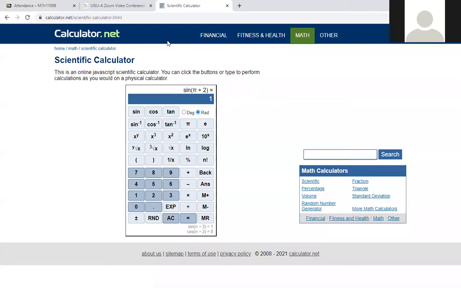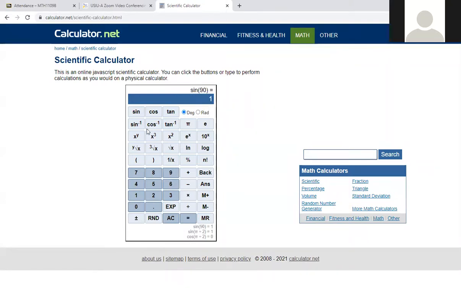But if you do it in degrees, pi over 2 is the same as 90. We said 2 pi is 360, so pi is 180. Therefore, pi divided by 2 is 90 degrees. So in degrees, I'll be computing sine of 90 degrees, which will give me 1, and cosine of 90 degrees, which will give me 0.